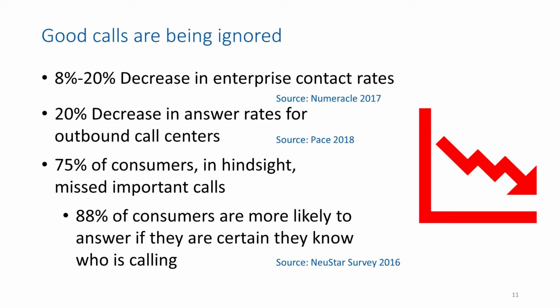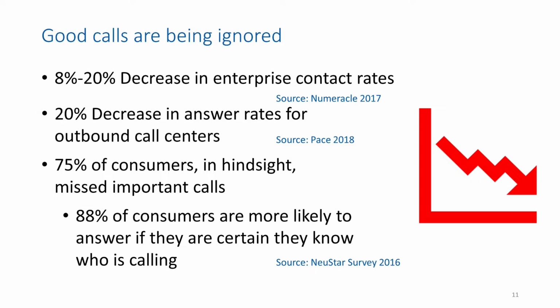So I mentioned here that good calls are being ignored. We're seeing upwards of a 20% decrease in enterprise contact rates, as people just don't answer the phone anymore. And again, sometimes it's for good reasons. The doctor's office, the school, there are valid reasons for people to call. A 20% decrease in answer rates for outbound call centers. Contact centers obviously are struggling with trying to reach out to people.